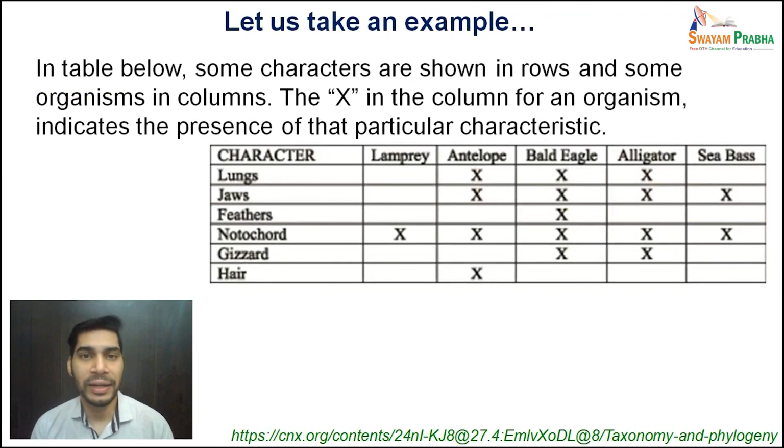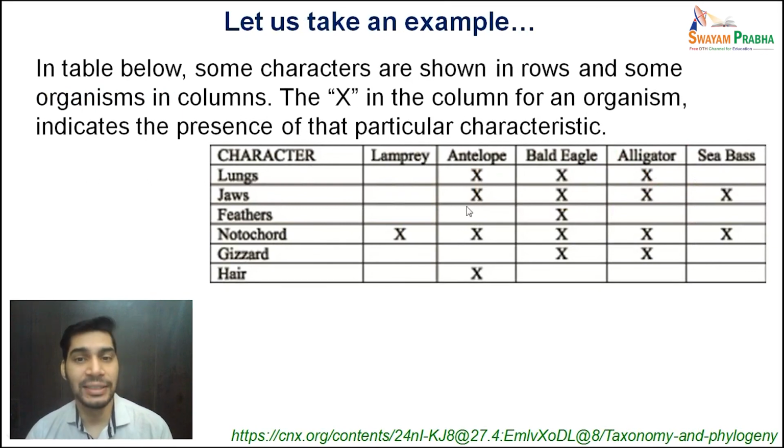Let us try to understand these phylogenetic trees with an example. In this table, some characters are shown in the rows, and in the columns there are different organisms: lamprey, antelope, bald eagle, alligator and the sea bass.